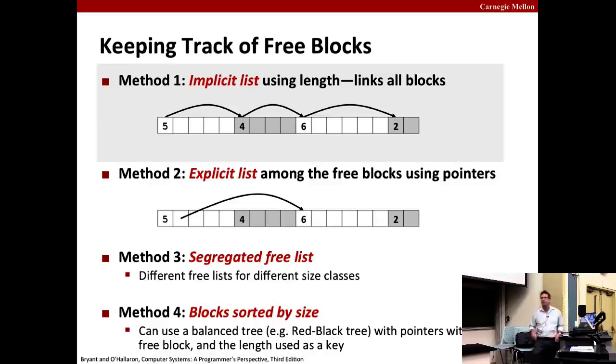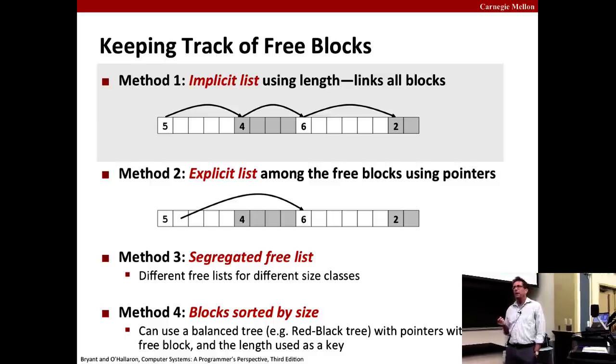Question? What do you mean different free lists for different size classes? Okay, the question is, what do we mean by different free lists for different size classes? So what I mean is that you identify a range of sizes and you associate that range with each of these individual free lists.